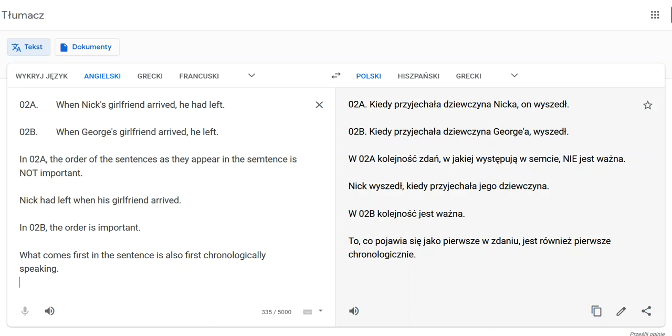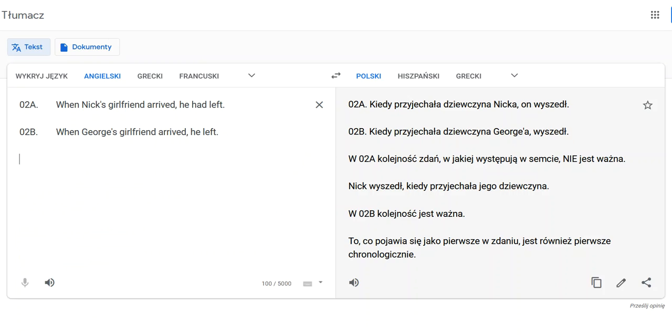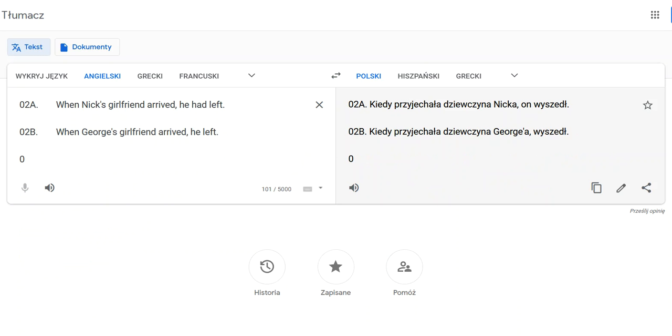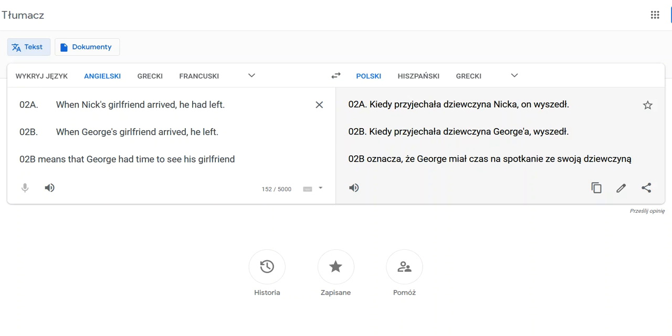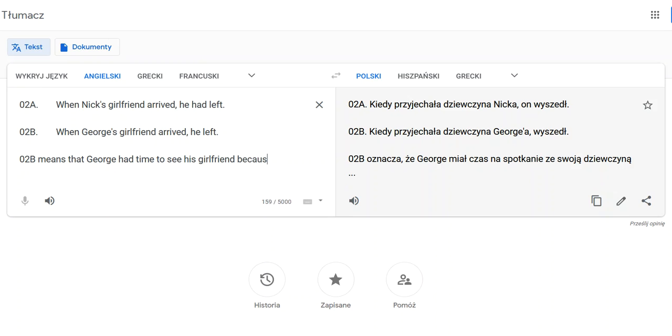So 2b means that George had time to see his girlfriend because she arrived before he left, or before he had left.